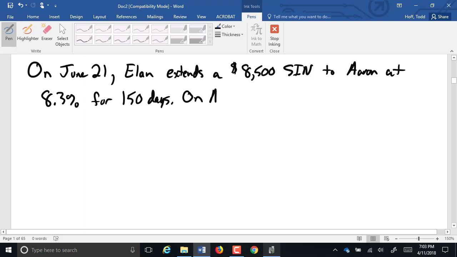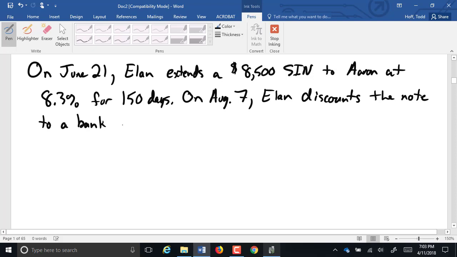On August 7th, Elon discounts the note to a bank at 9%. Find Elon's proceeds.